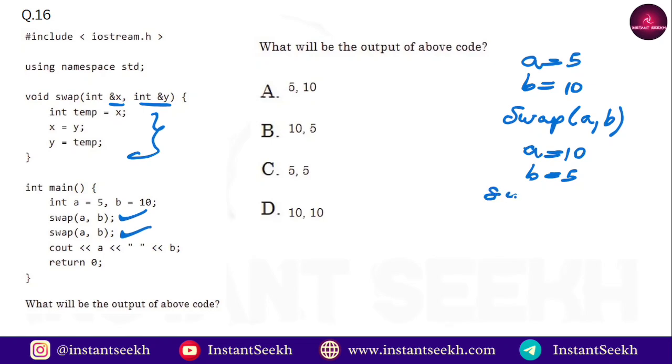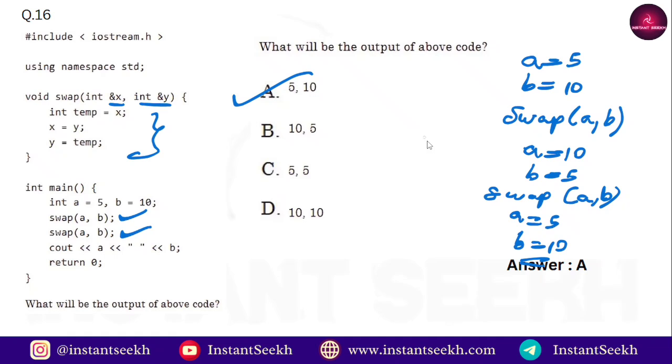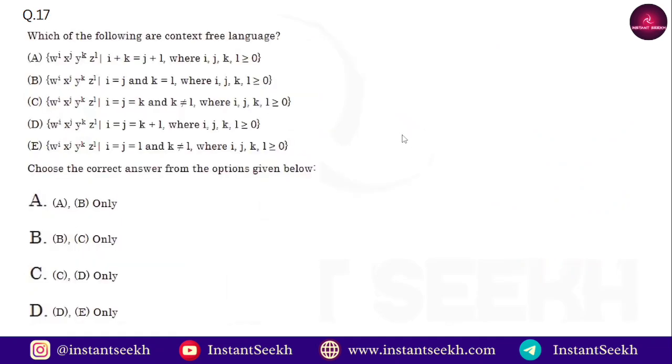Once again we have called the swap function, swap a comma b. So again the swapping is performed, so again a becomes 5 and b becomes 10. So your correct answer should be 5 comma 10, that is your option number A. Answer is option A. Okay, let's move on to the next one.